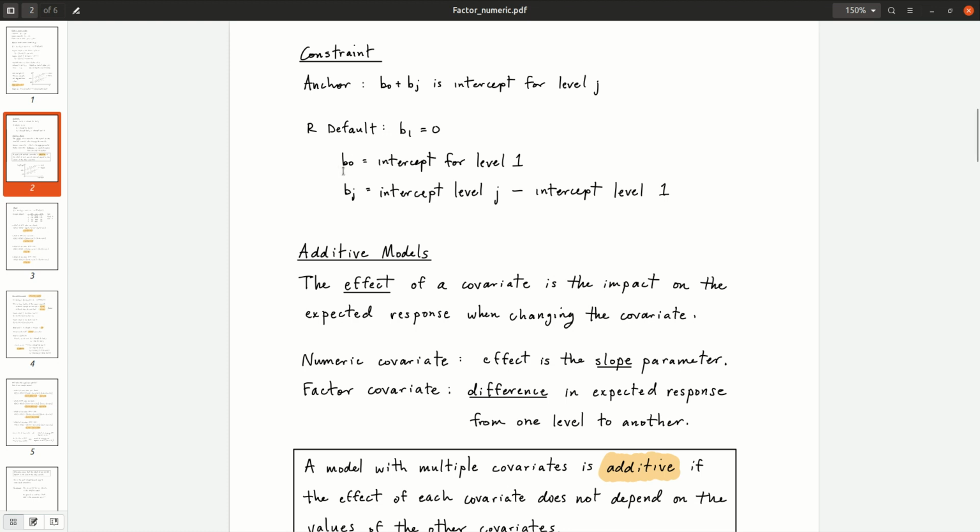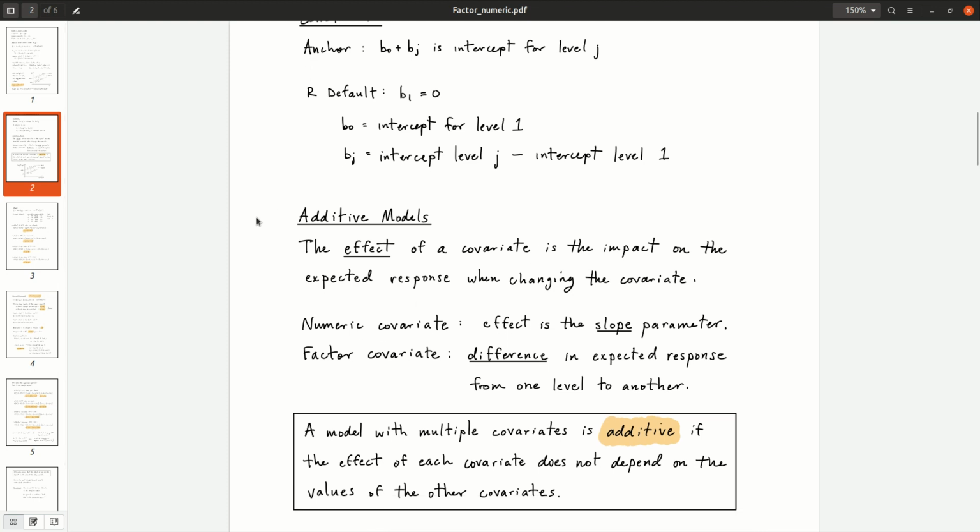So B0, under the R default constraint, is interpreted as the intercept for level 1, or the base level, and B sub j is the intercept for level j minus the intercept for level 1. So remember this when you're reading the output in R, that these parameters are interpreted as differences from the first level.